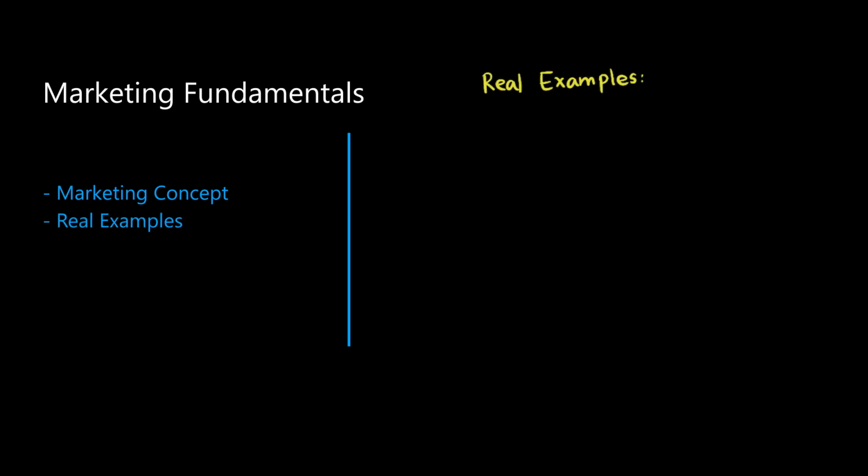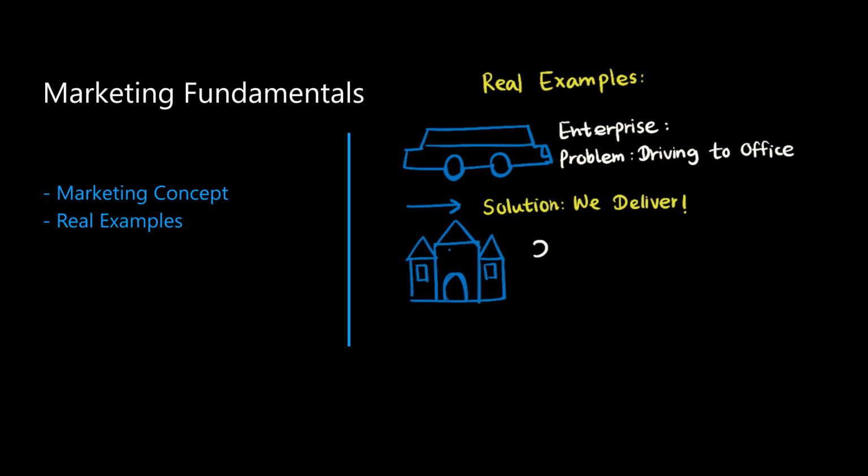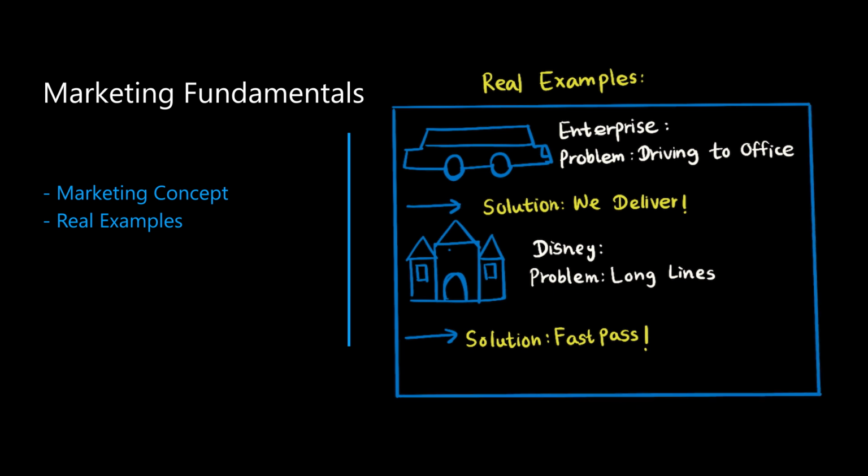Enterprise Rent-A-Car discovered customers hated driving to rental offices, so they started delivering cars to customers' homes. Disney learned people despised waiting in long lines, so they created Fast Pass. These companies succeeded because they used the marketing concept. They started with customer needs, not with products.